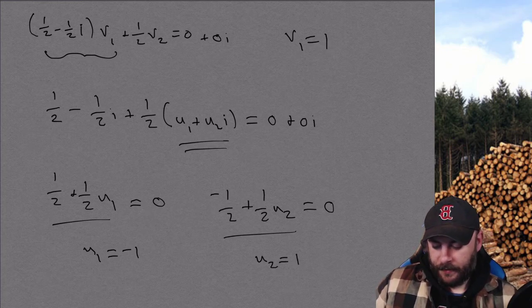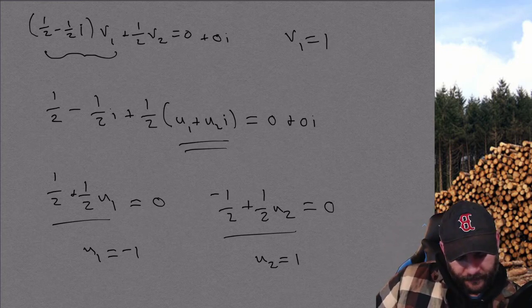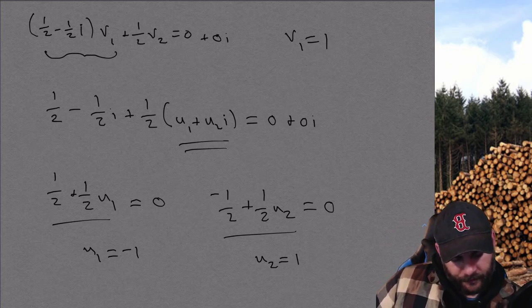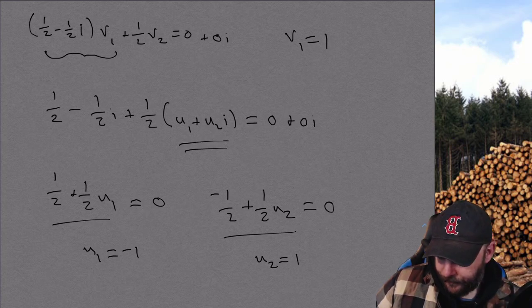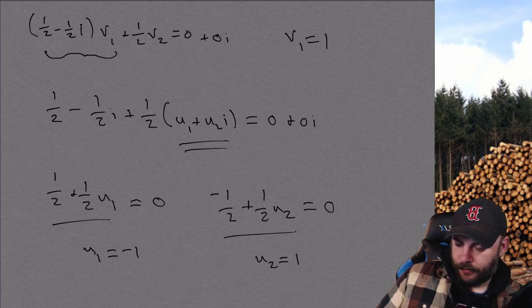Is that the eigenvalue I got earlier? It feels wrong. Looks like I got something different earlier. Let's double check my work. What did I do over here that was so wrong?